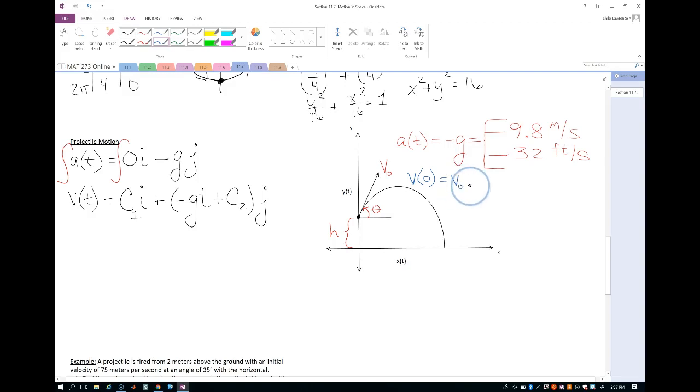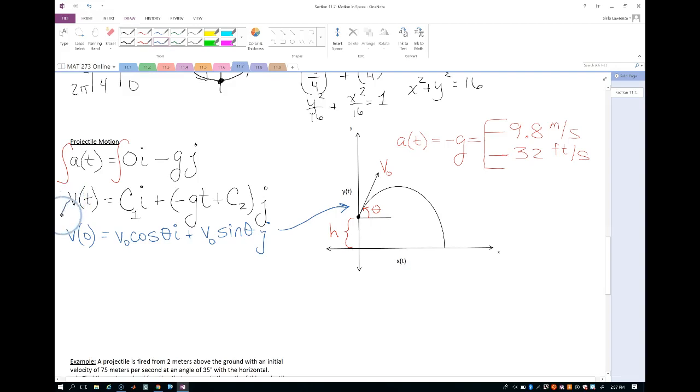So as components, this is v sub 0 cosine theta i and v sub 0 sine theta j. And we got this using the information at the beginning of the problem.